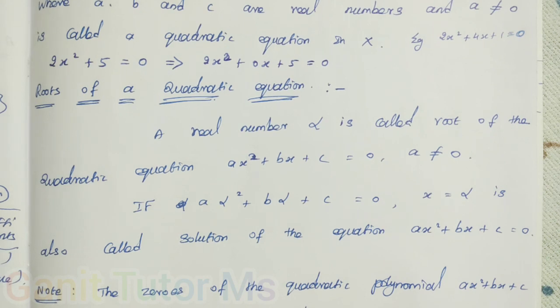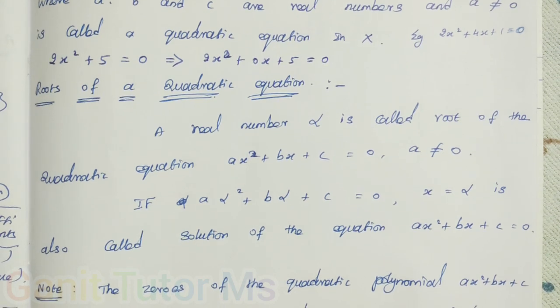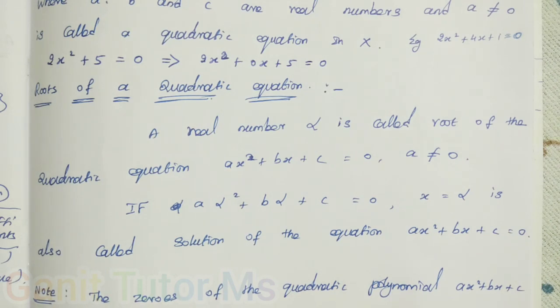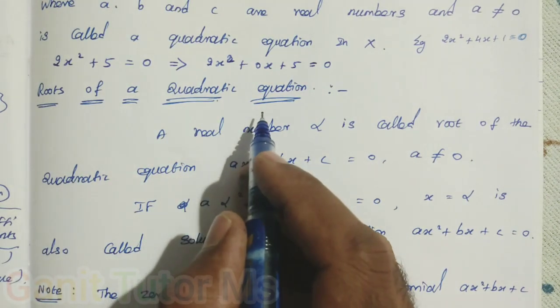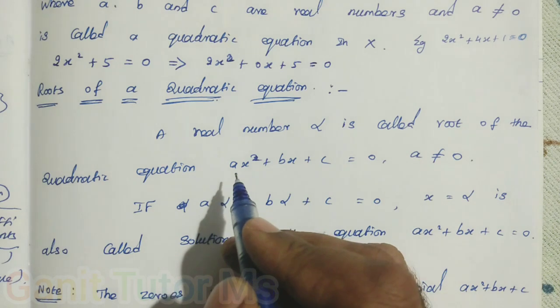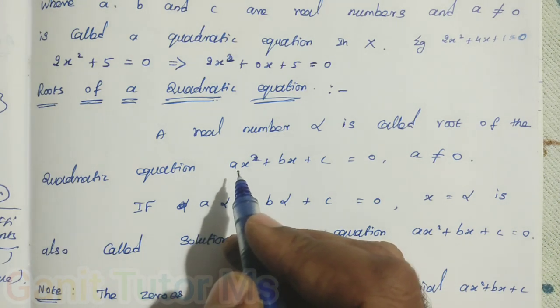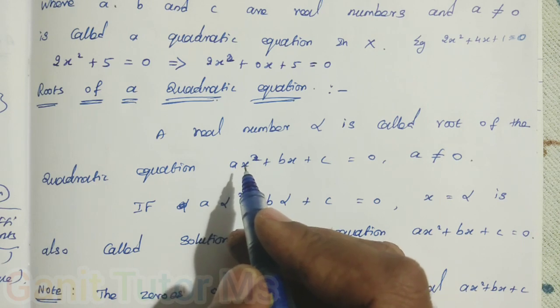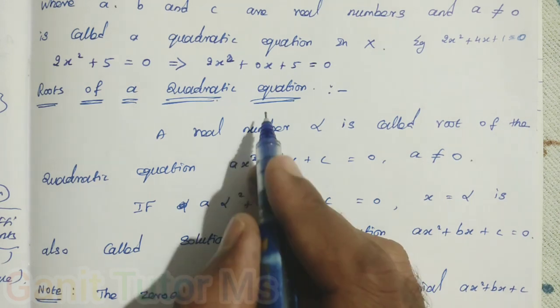And we are all familiar with roots. Root and solution of a polynomial, the root of a polynomial, we all know that, right? Let me recall it. Root of a quadratic equation. In the polynomial chapter, we considered alpha, beta as the roots of a polynomial. Here it is a quadratic equation.